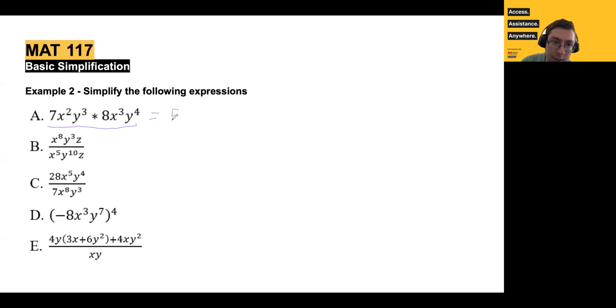Well, that's going to be 56. And then x to the second times x to the third. When we're multiplying terms of the same base x and they have exponents, we add the exponents when we multiply them. So this is just x to 2 plus 3, so x to the 5th.